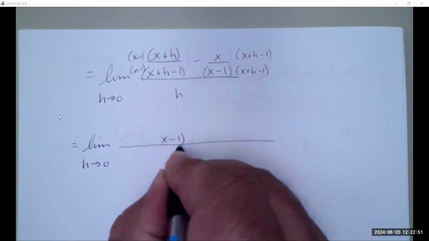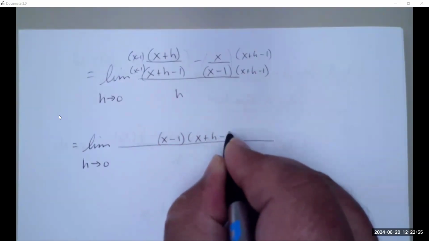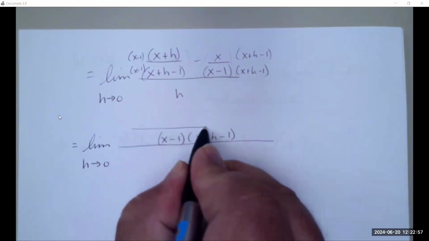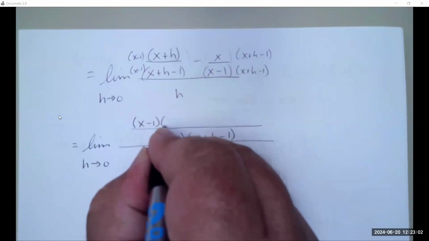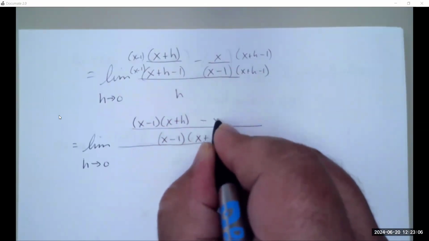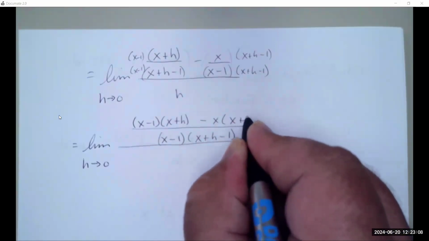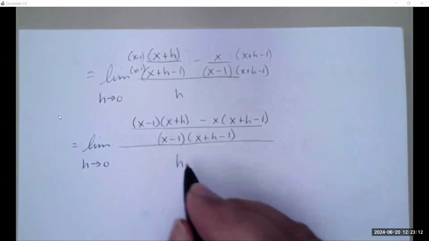I know I'm going to have a common denominator on the bottom. So the top is going to be x times x plus h minus 1, minus x plus h times x minus 1, all over h.